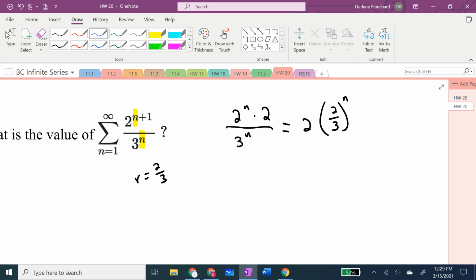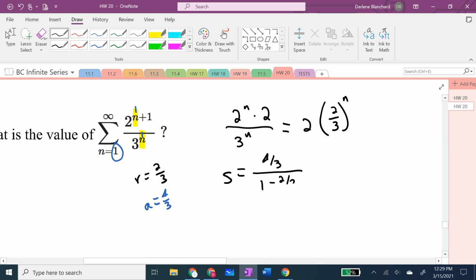I need to make sure that I find my first term, take a good look. I'm starting at 1, plugging in 1. I get 2 squared over 3, so I'm getting 4/3. Then my sum is the first term over 1 minus r.